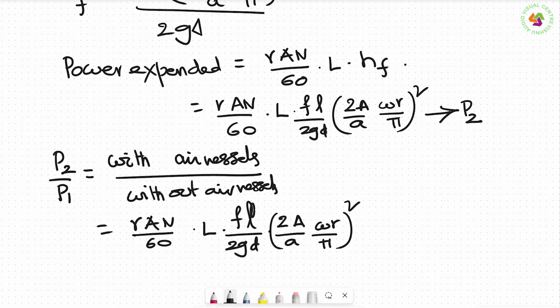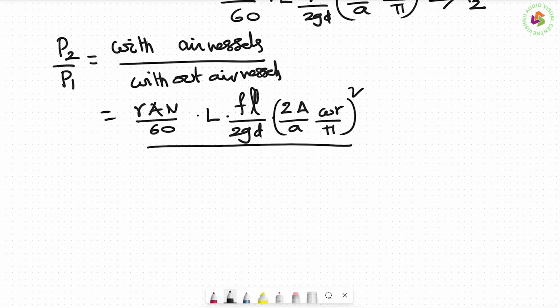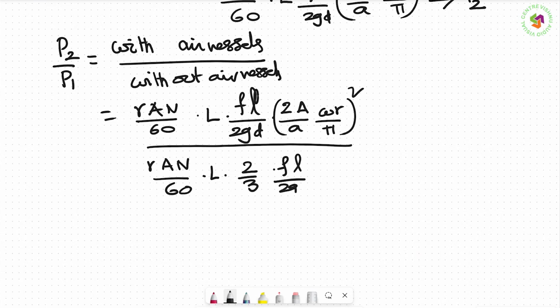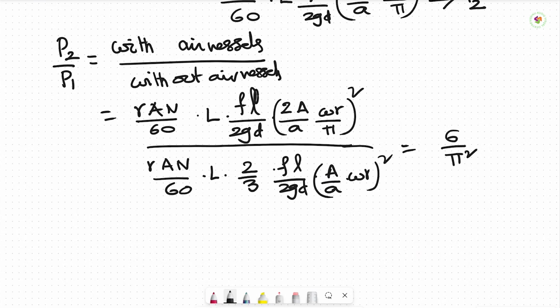This is the numerator, whereas the denominator is gamma AN by 60 into L into 2/3 FL by 2GD into (A by a omega R) whole square. So now if you do it, actually we will get 6 by pi square.